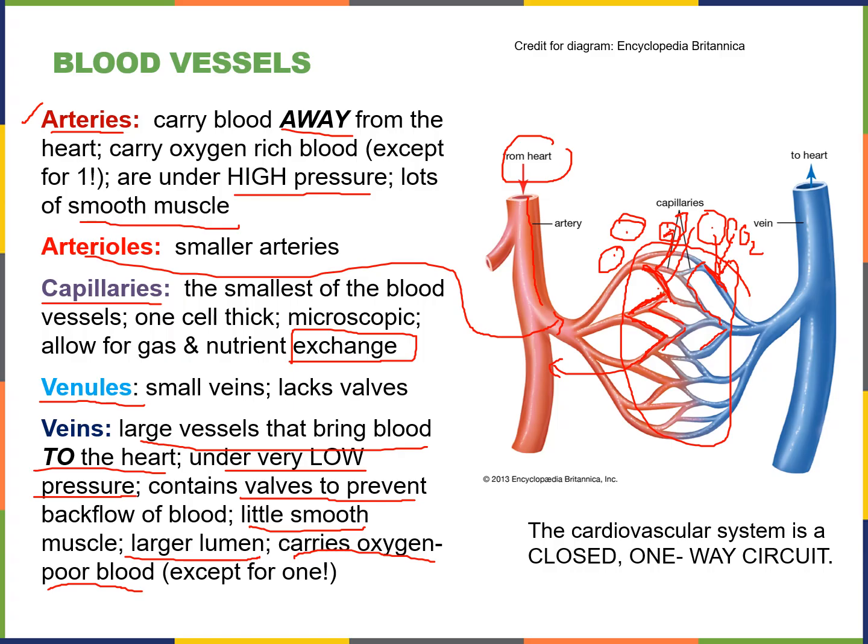And as the blood flows, it's going to pick up carbon dioxide coming from the cells. The process is diffusion, simple diffusion that you've learned about in Bio 1150. So now we see that all of the blood flowing to veins is now deoxygenated blood. It is now carbon dioxide rich. And that's the blood that is going back to the heart.